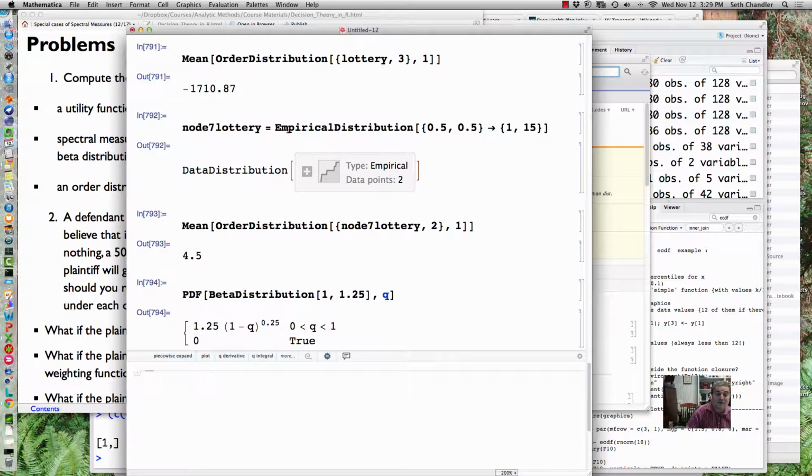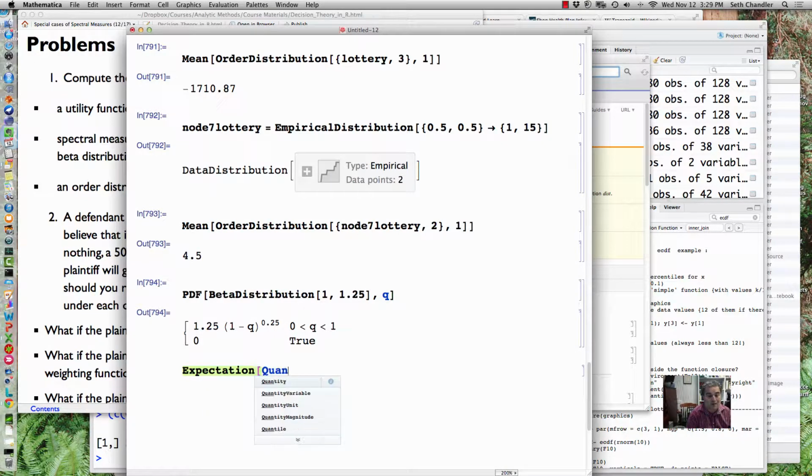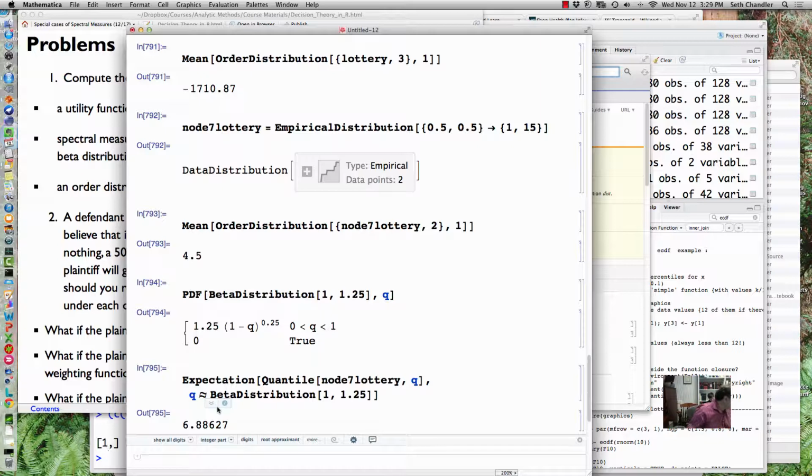All right, we have our node 7 lottery. What I want is the expected quantile of the node 7 lottery with respect to Q, with Q being based on a beta distribution with parameters 1 and 1.25, and let's see what that is. That is 6.88.